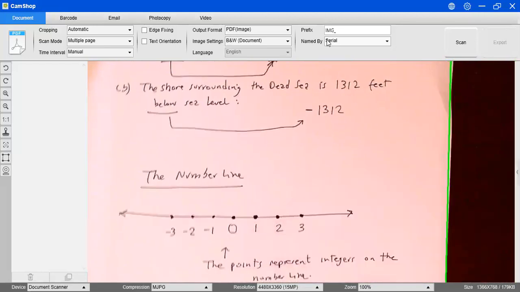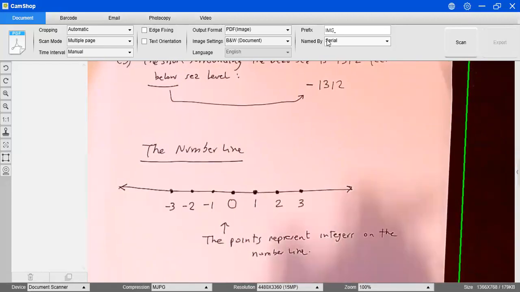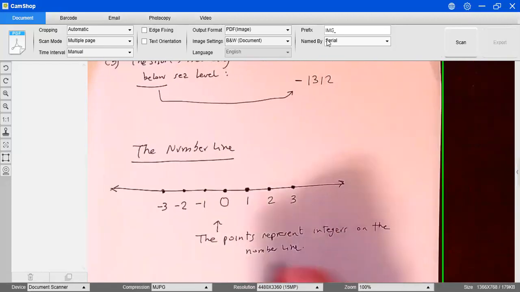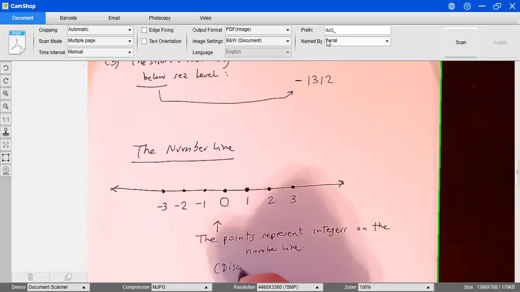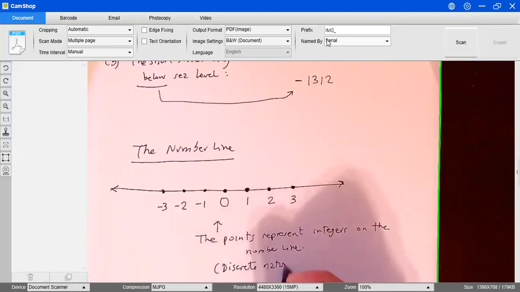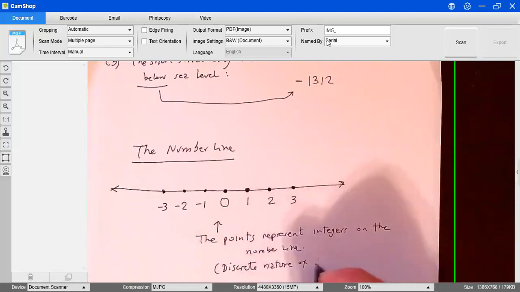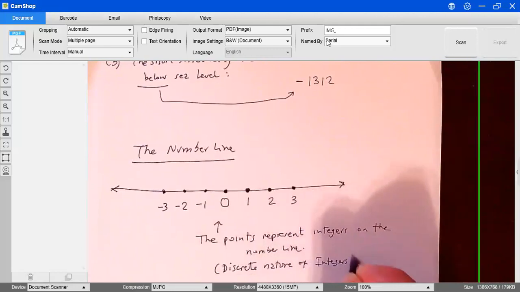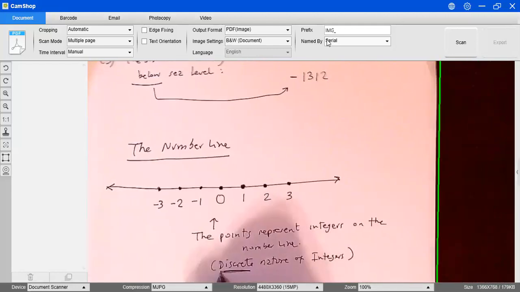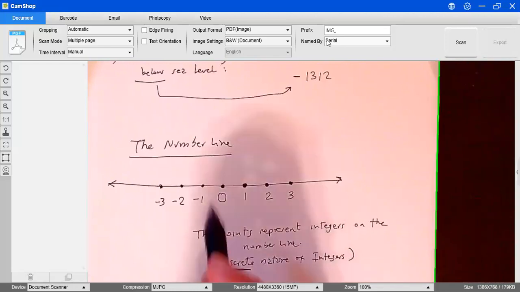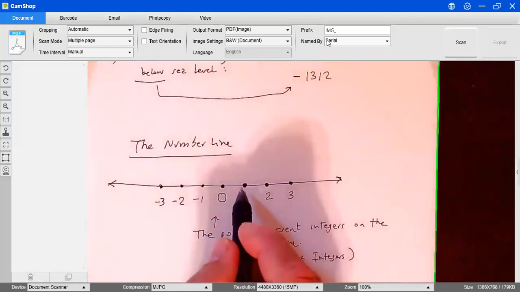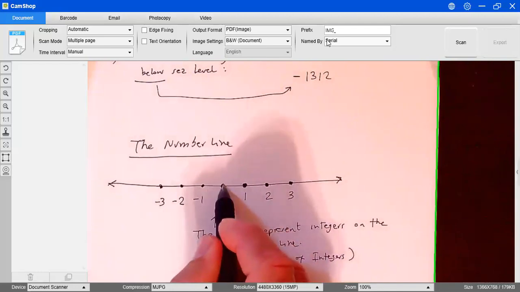And these points representing integers indicate the discrete nature of integers. Discrete means you can enumerate, you can visualize, you can distinguish one number from the other very easily.